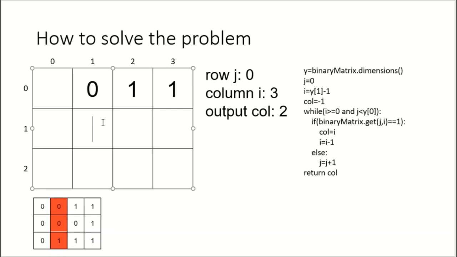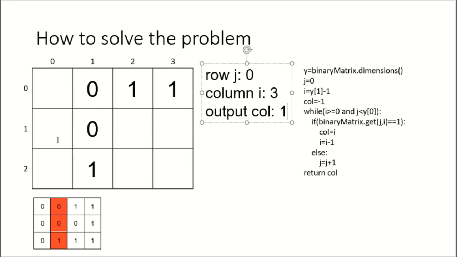But then I check the row underneath that in case that has a 1. And it doesn't. That's also 0. So I don't change anything. And then I check the row underneath that in case that has a 1, and indeed it does. So I change the output column to 1.